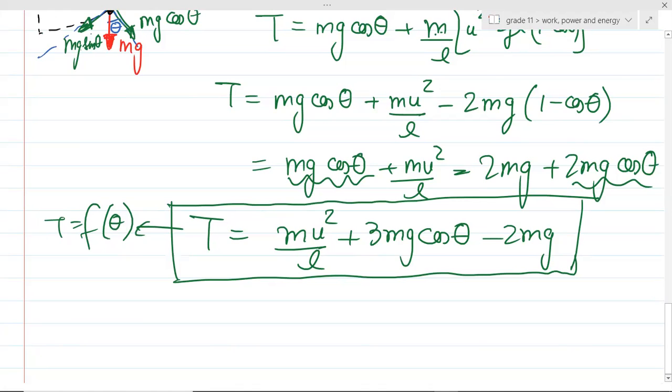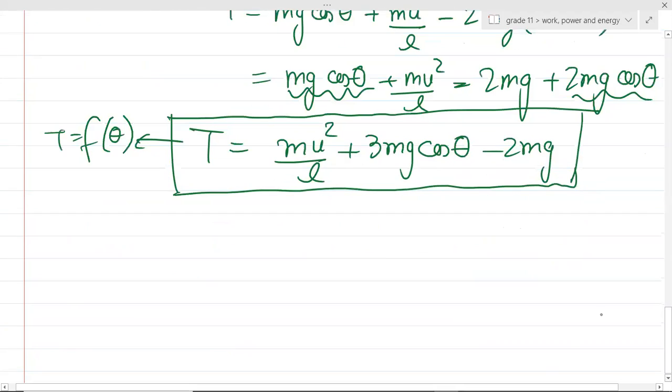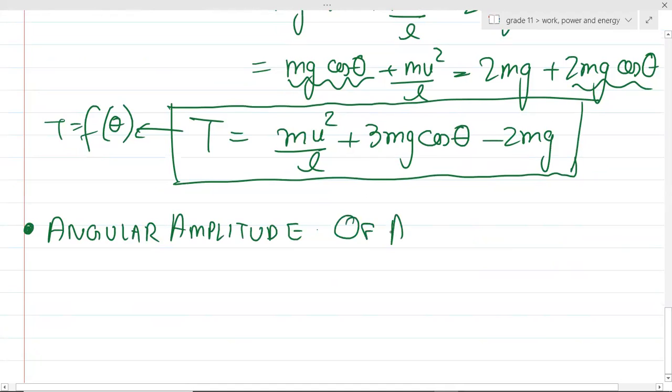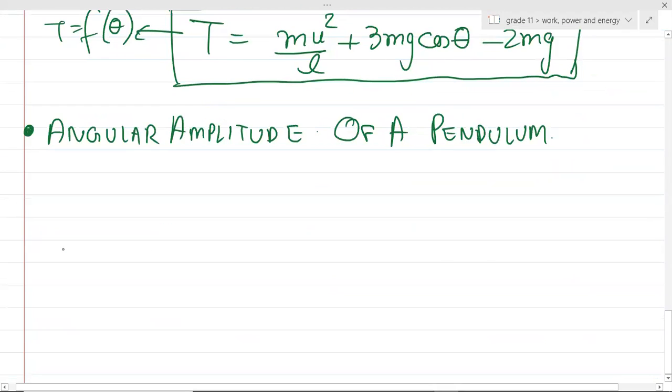If you have done till here, please write the next heading: angular amplitude of a pendulum. Please remember, this pendulum is called a simple pendulum. Whenever you have a mass tied to a string, it is a simple pendulum.